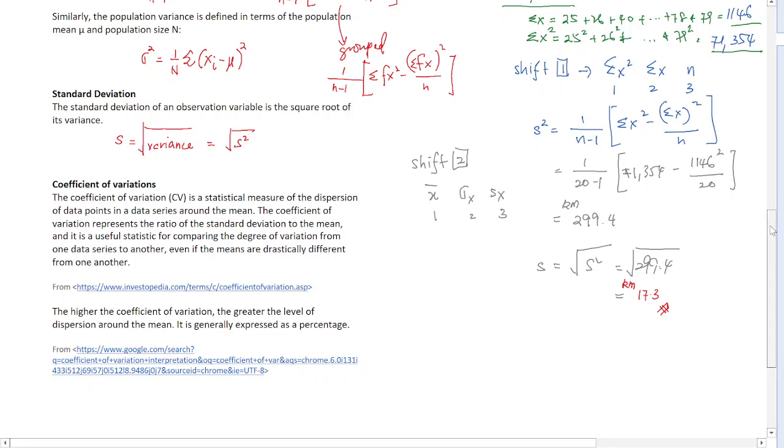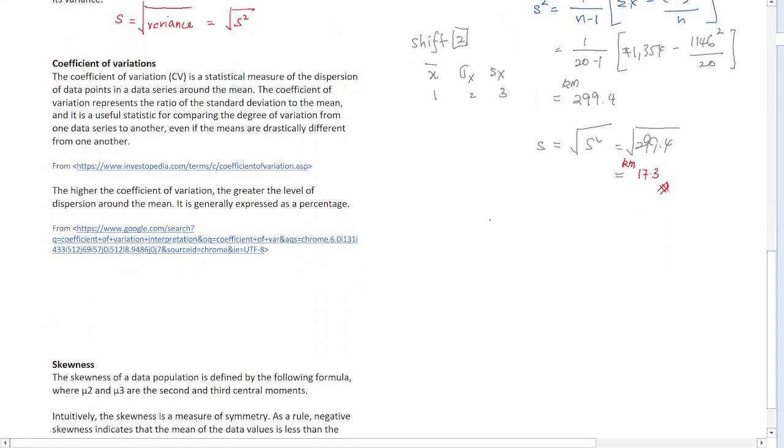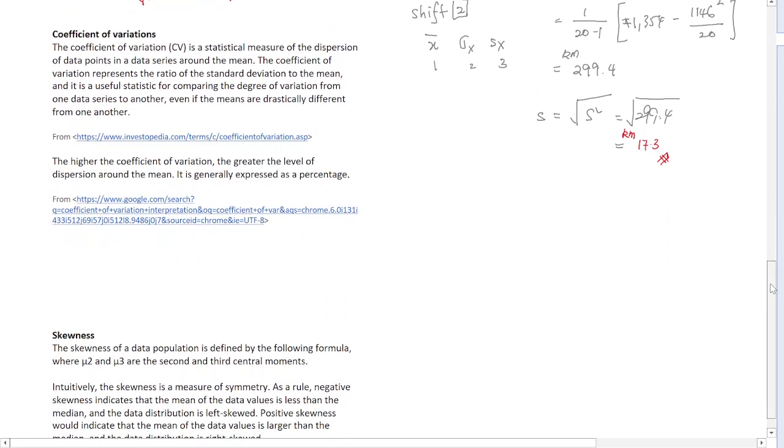So when we talk about standard deviation, since variance and standard deviation are a reference towards the mean values. So suppose that you have a distribution like this, and then you have the mean.